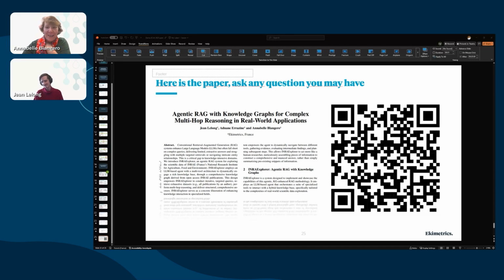Another question: any idea of time performance for this model? If the question is the time it takes to answer a question, the tool calls are instantaneous, so it just depends on the speed of the LLM itself.